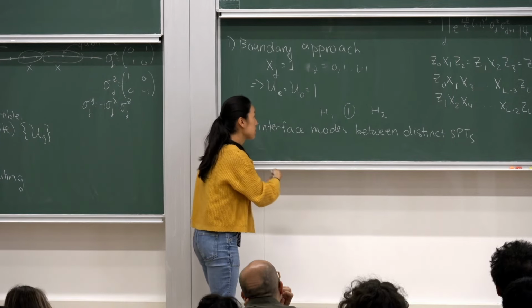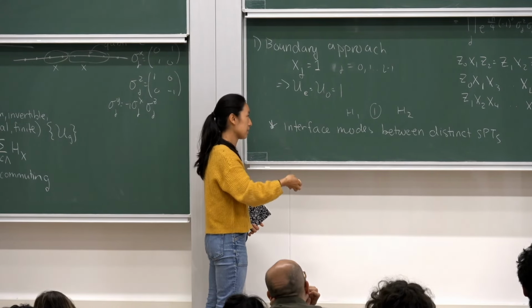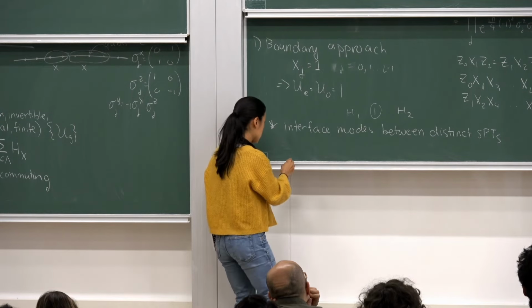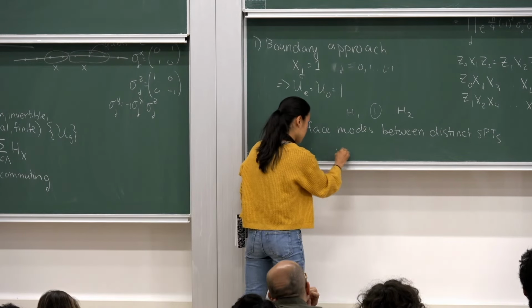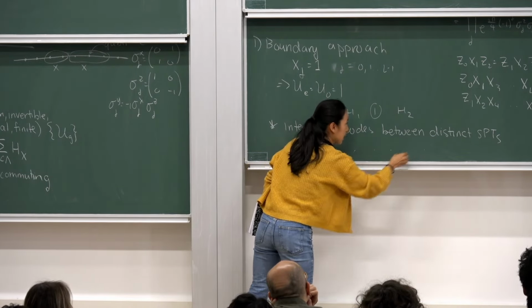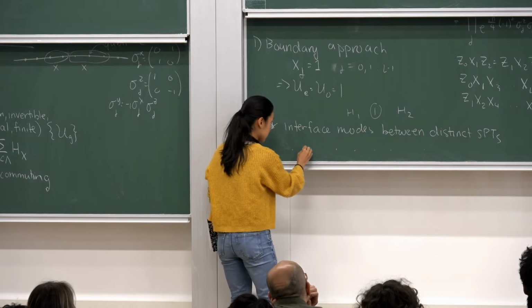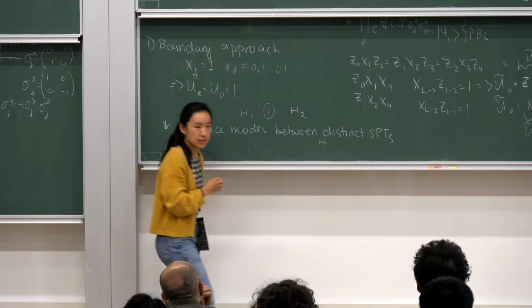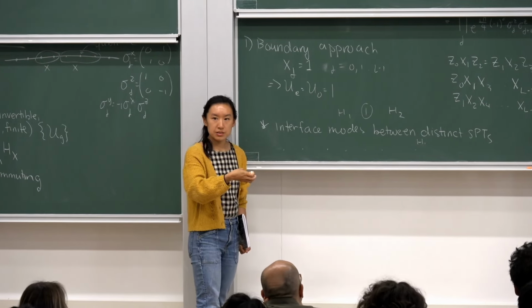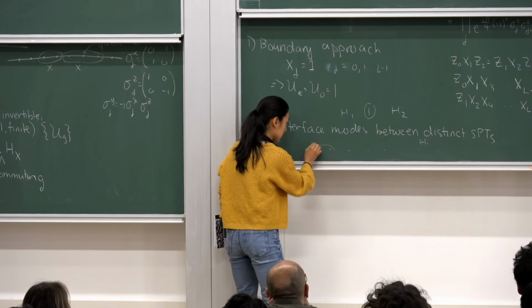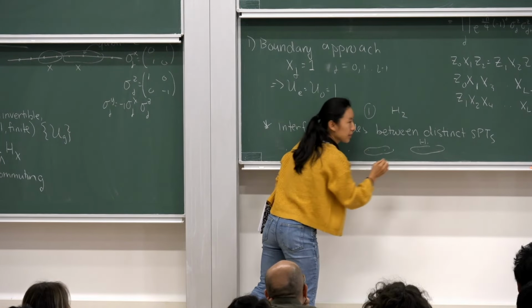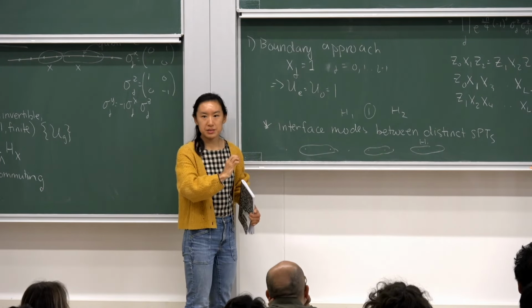And so the most naive thing to do, if you have a symmetric gapped boundary between these two phases, is to apply a local unitary operator that nucleates. You start off in the ground state of H1, and then you apply a local unitary operator that nucleates patches of phase 2 in one step, and you can do all this simultaneously.